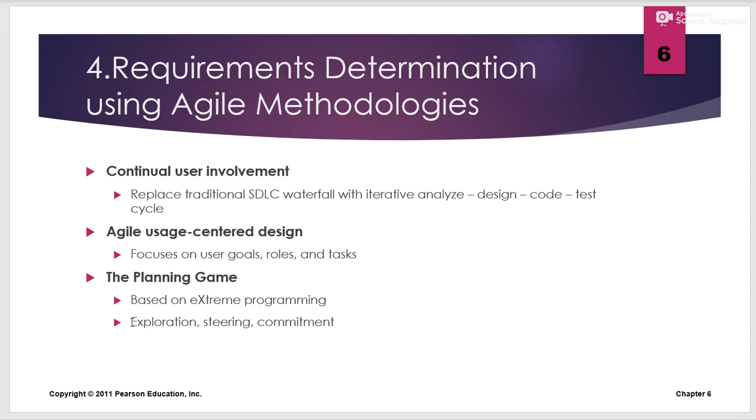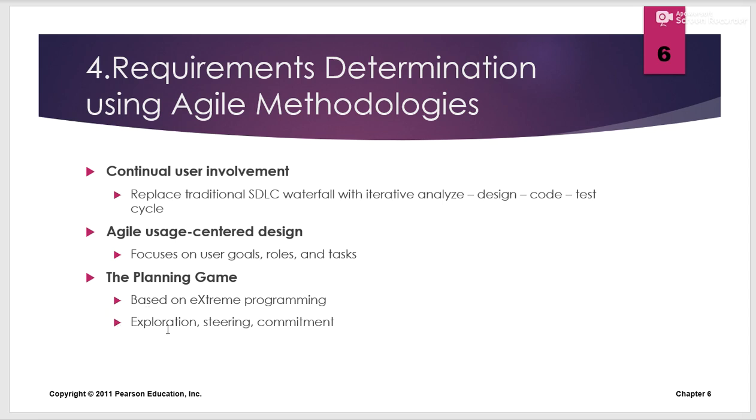In exploration, there are two types of people involved. One is the customer, whom we call the business, and the other one is the developer or the software engineers, whom we call the development team.